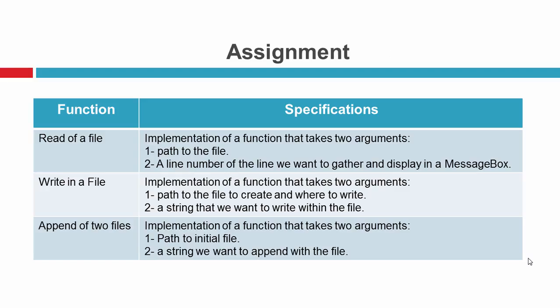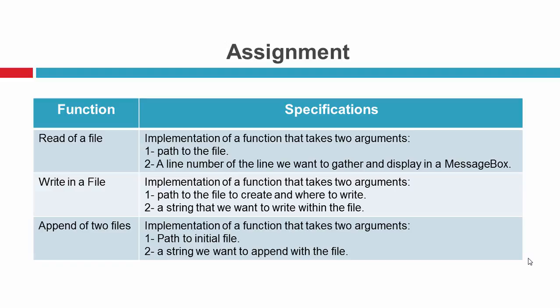So now let's see the assignment. In this video, we are going to implement three functions. First is to read a file: a function that takes two arguments, the path to the file and the line number of the line we want to gather and display in a message box.